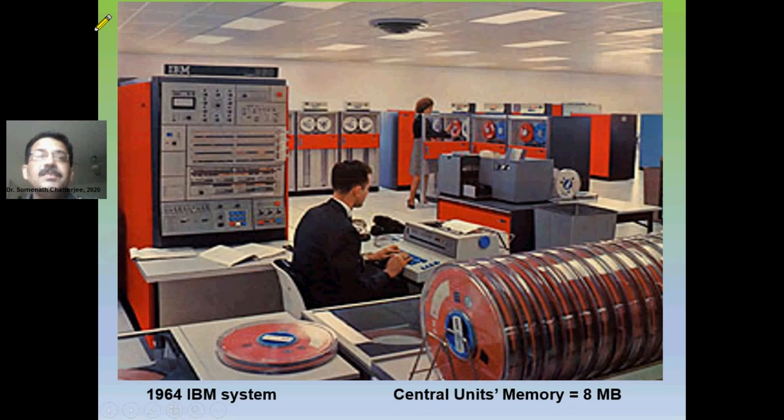Now this is very interesting. In 1964 IBM first launched the computer which, I already told several times, occupied a small auditorium hall, and you see all the accessories are there. And what is the CPU? That is 8 MB.